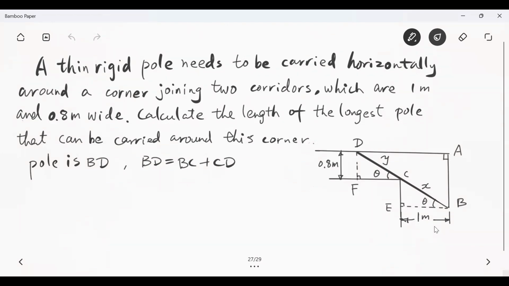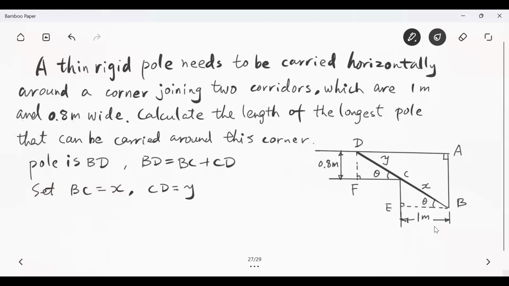BD is constructed by BC and DC, which means there are two parts in BD. We can set BC equal X, and CD equal Y, right?